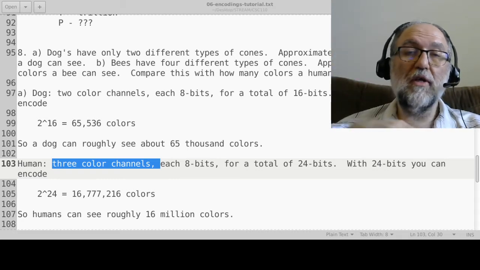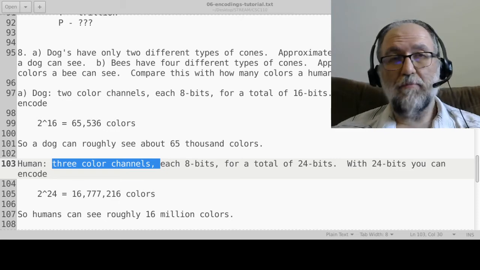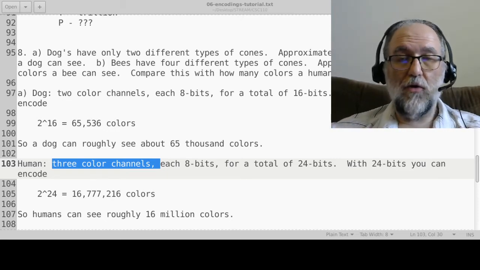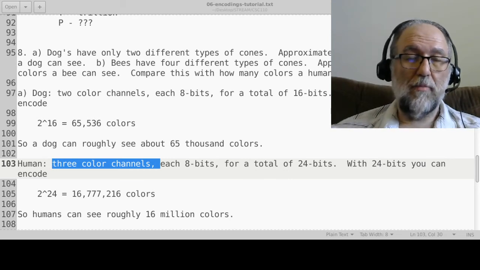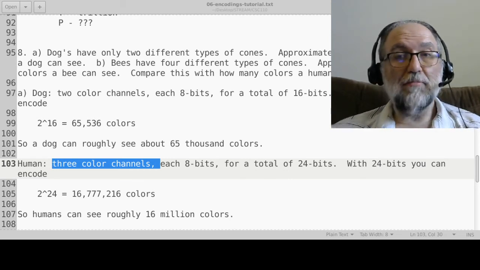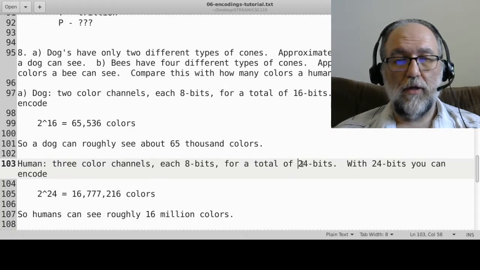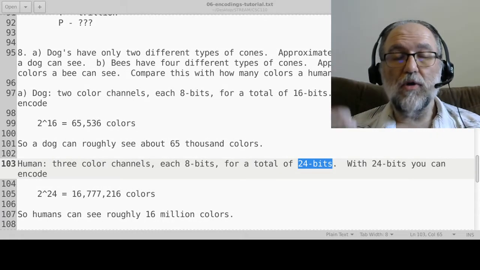So there's roughly 200 levels, which we encode with 8 bits. So the level of red is encoded by 8 bits, the level of green is encoded by 8 bits, and the level of blue is encoded by 8 bits, for a total of 8 plus 8 plus 8, or 24 bits. So to encode any humanly visible color, we need 24 bits.